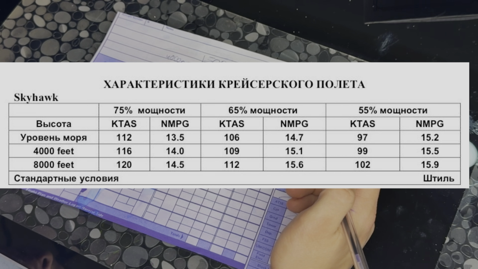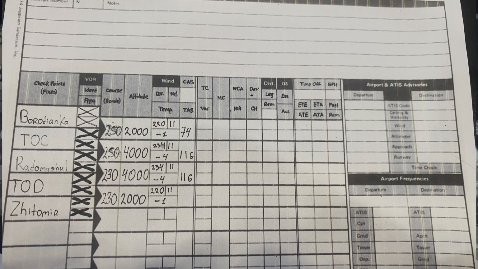According to this table, at the height of 4,000 feet, at 75% power, the true speed will be 116 knots, and nautical miles per gallon will be 14.